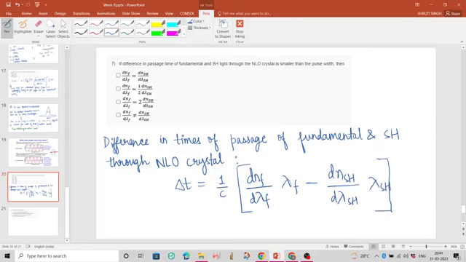The notations are self-explanatory: n is the refractive index, f stands for fundamental, and sh stands for the second harmonic.